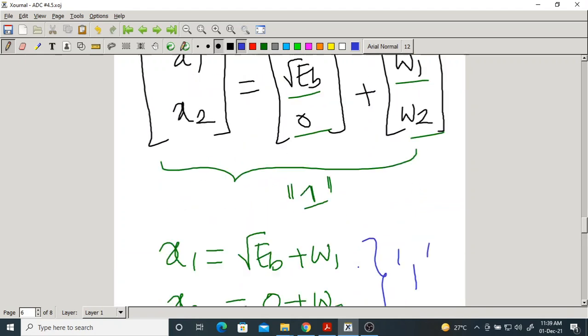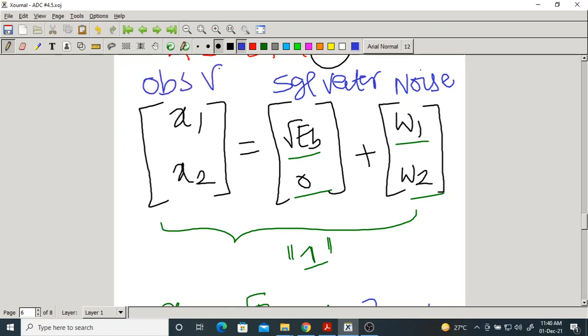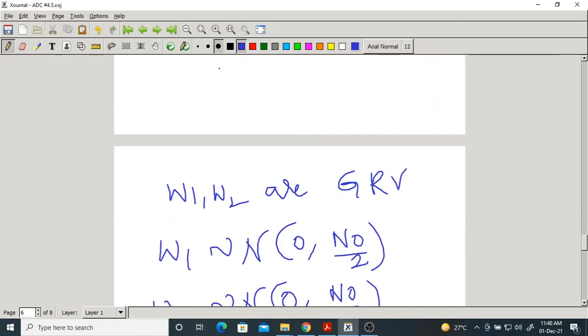How did we get this vector? Go and check the last class. I told you that vector X is a combination of two other vectors: the signal vector and the noise vector. This is the observation vector. Now we are done with symbol 1.